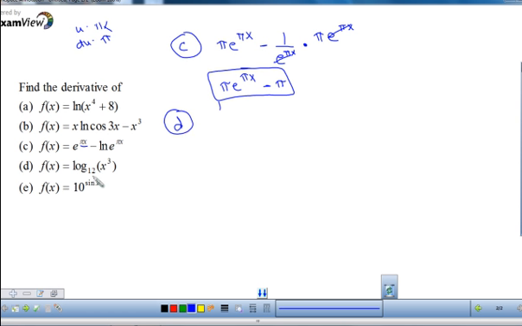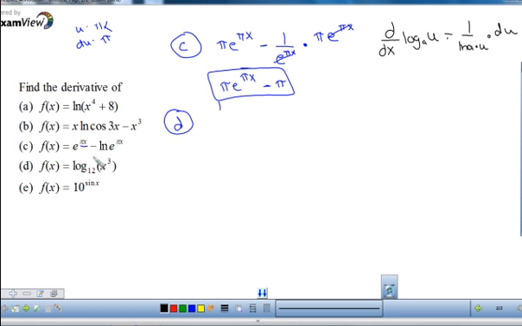Okay. The derivative of log 12 of x to the third. So remember, the derivative of log of any base a of u would be 1 over the ln of a times u times the derivative of u.